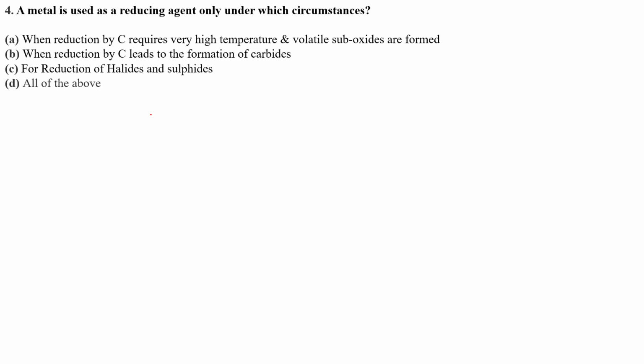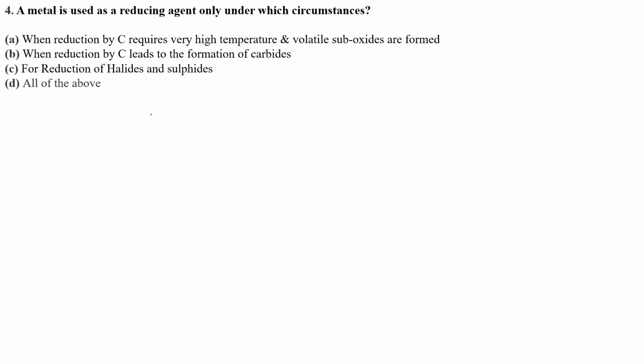Coming to the next question: a metal is used as a reducing agent only under which circumstances? When we were talking about the reduction processes, we talked about different types like hydrogen reduction, carbothermal reduction, and metallothermic reduction.